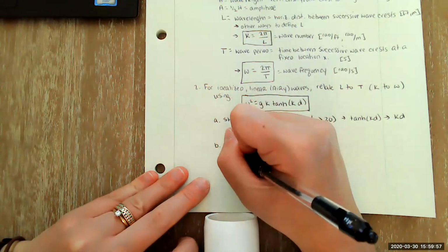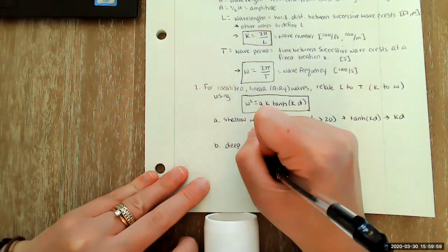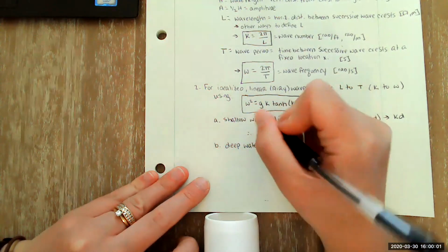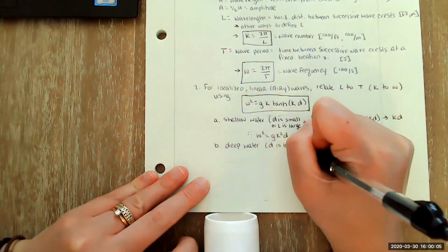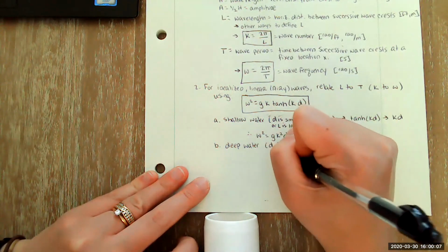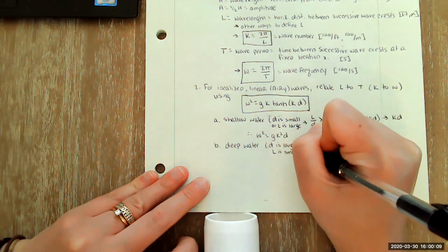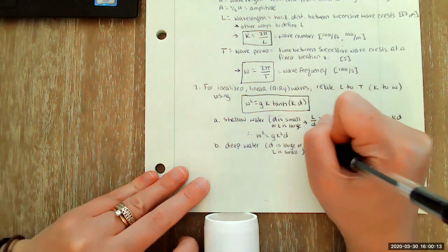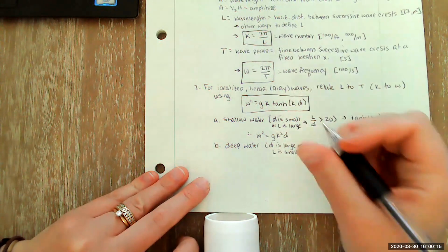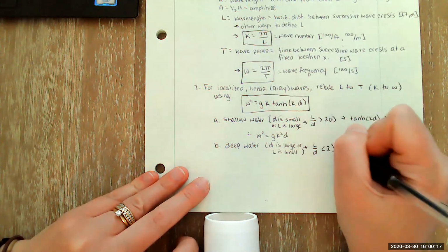On the other hand, if we're in deep water, so we have d is large or L is small. And again, how small, how large? Basically, we need L over d to be less than 2.